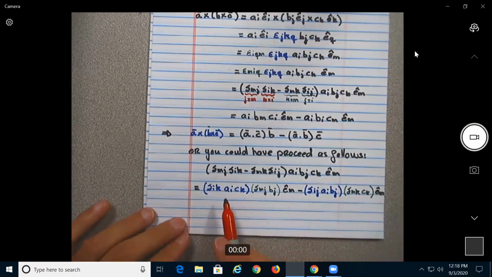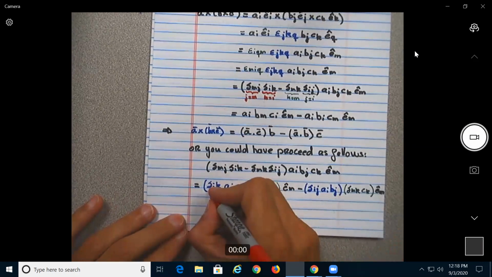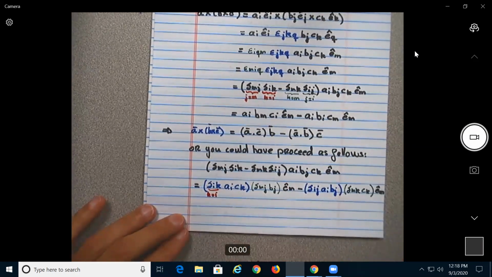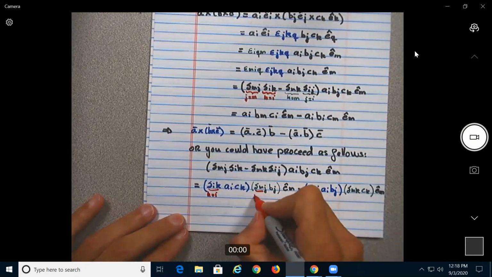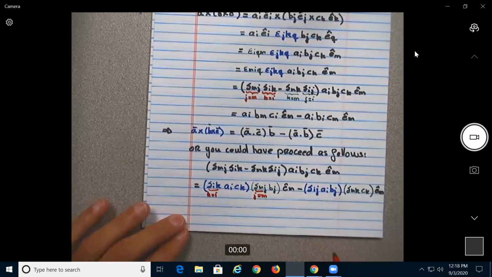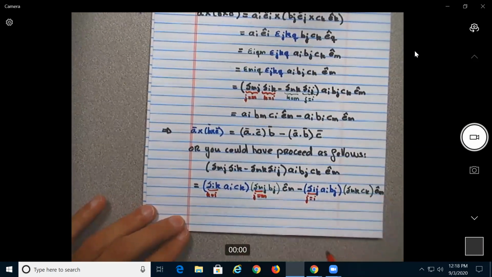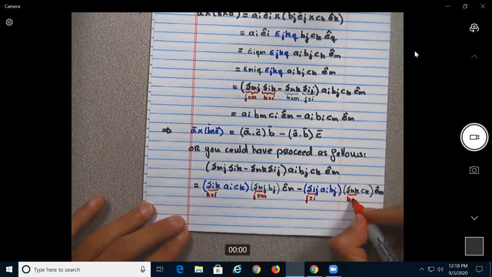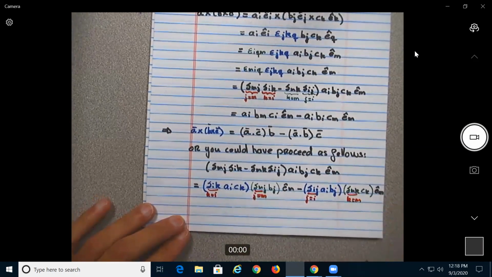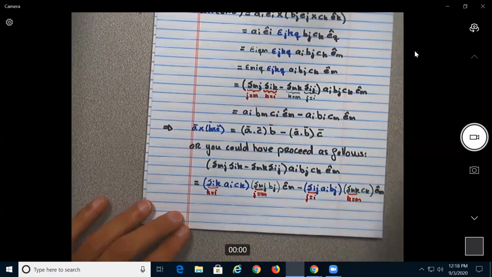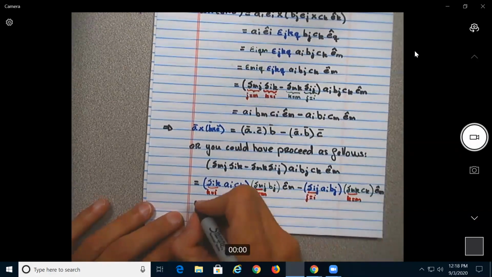So now, when you look at this one, what can you say about it? K equal to I, J equal to M, J equal to I, and here you could say that K equal to M, no? So then what do you get?